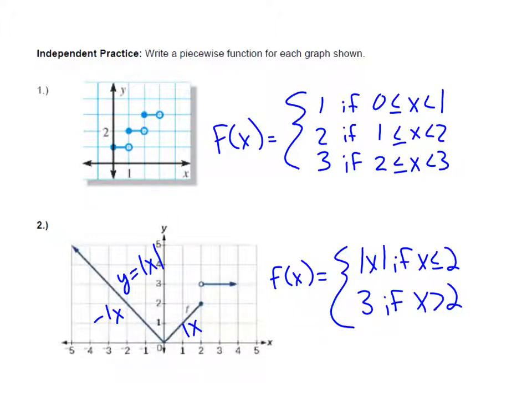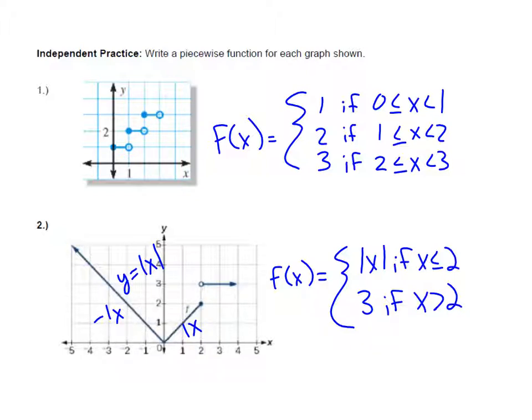The first one actually has a name. You'll study this function a little bit more when you get into trig pre-calc next year. Some books call it a step function. Other books call it the greatest integer function. It's not in our curriculum anymore, but you will take a look at it a little more next year.